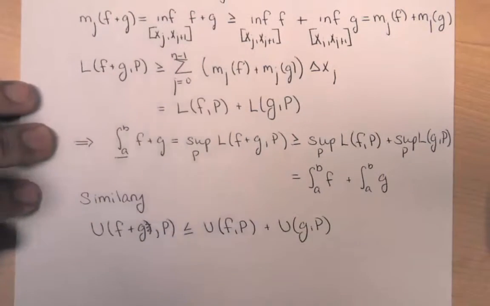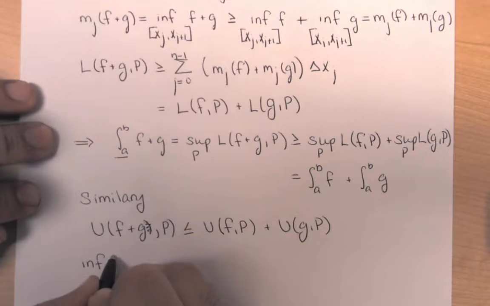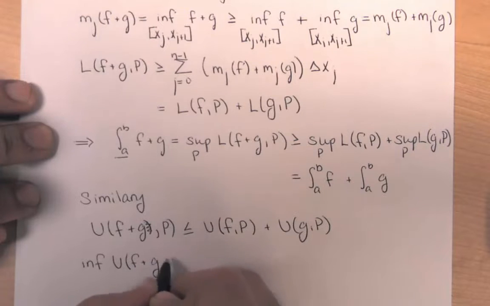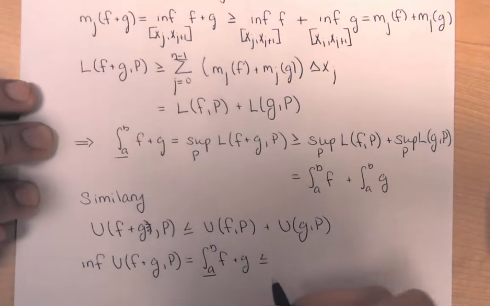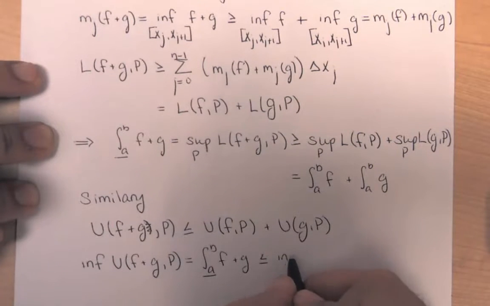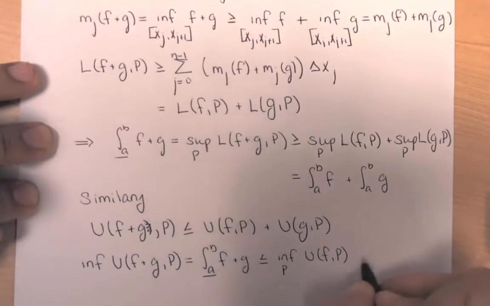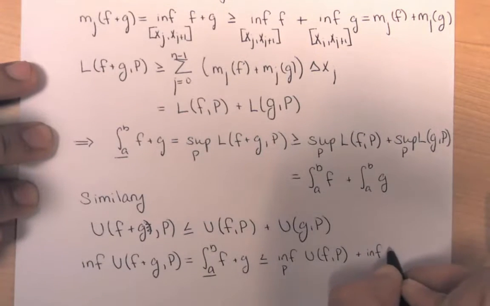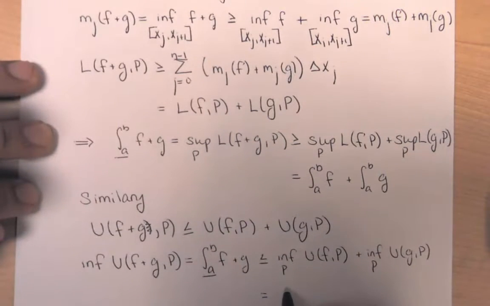Again, for the same reason, because my partition here is arbitrary, the infimum of the upper sums, which is by definition the upper integral of f plus g, is less than or equal to the infimum of the upper sums of f plus the infimum over all upper sums of g for every partition P, which equals, oh, sorry, that's a mistake there.